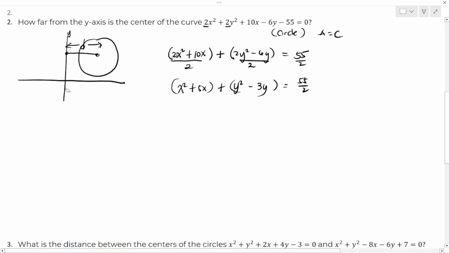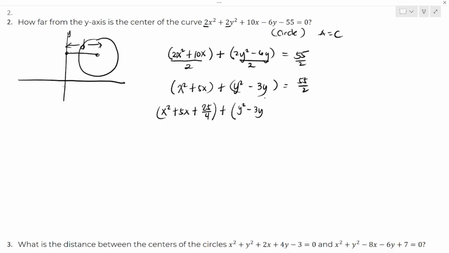Then, complete the square. Again, that is x squared plus 5x. Itong 5 divided by 2 and then square it. So, mangyari niyan, that is 5 over 2 squared, that is 25 over 4. Plus, ito naman, y squared minus 3y.